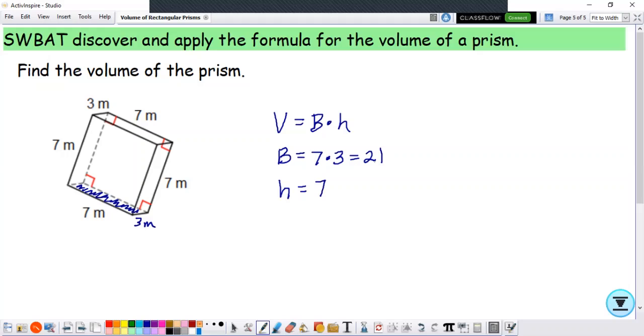So to find my volume of this rectangular prism, I'm going to take 21 times 7 is 147 meters cubed. So to find the volume of a rectangular prism, or actually any prism, you're going to take the area of the base times the height.